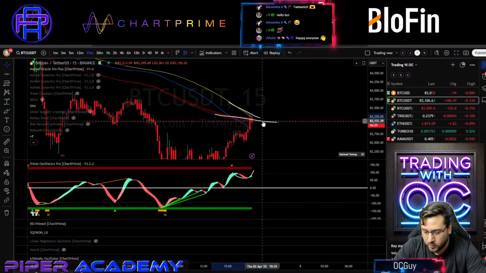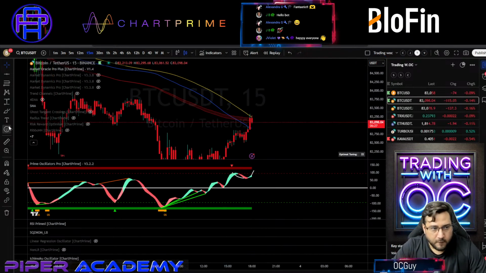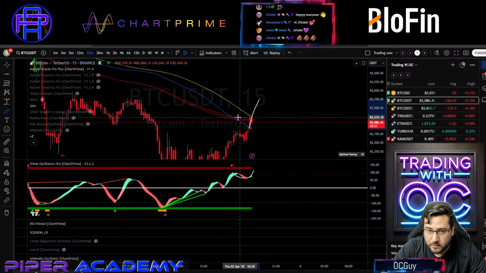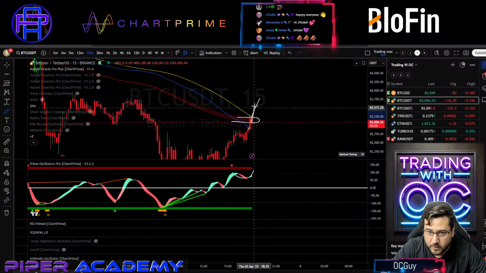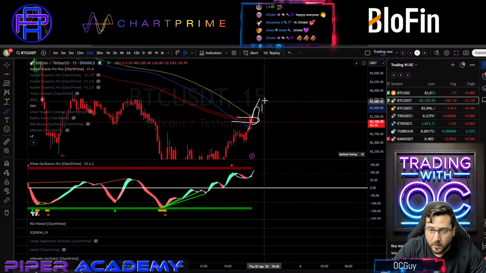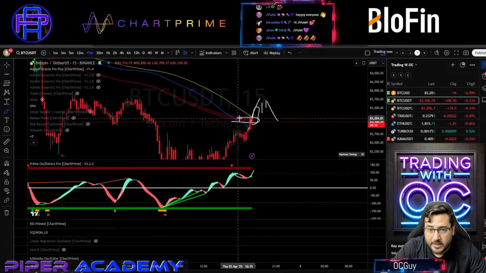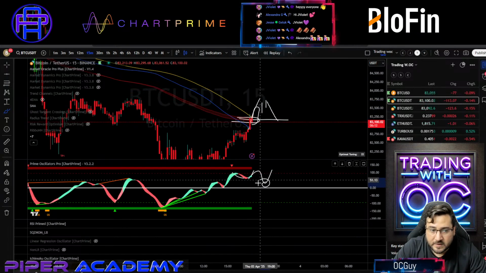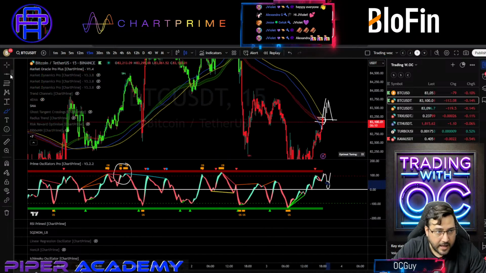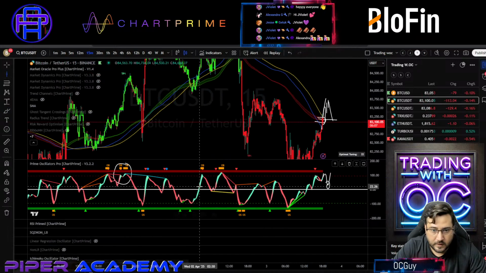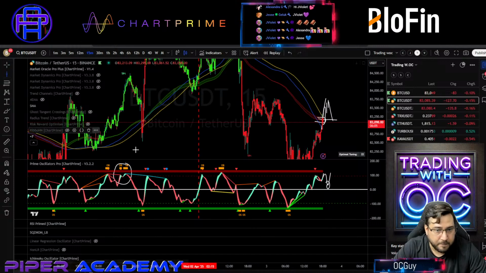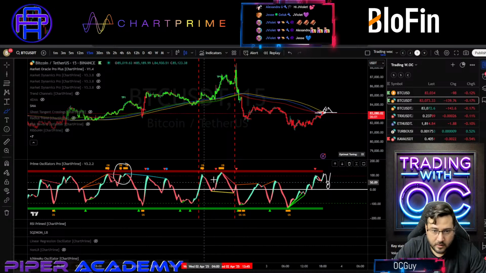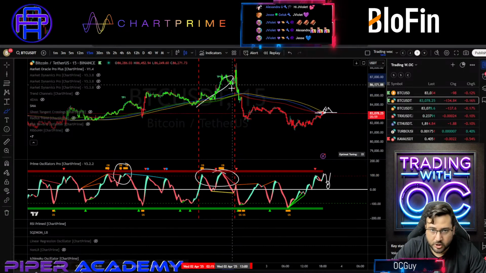Just so you know what we're looking for a long entry, we want a breakout, big body candle, maybe 1-2 candles, retest, holding above the zero line, because remember, as we hold above the zero line, our price action is bullish.